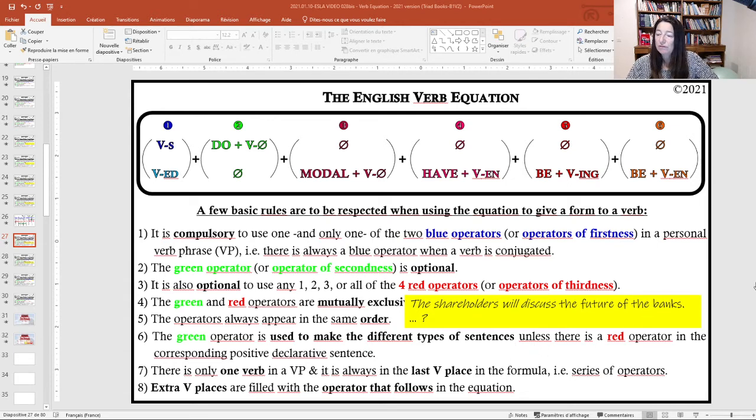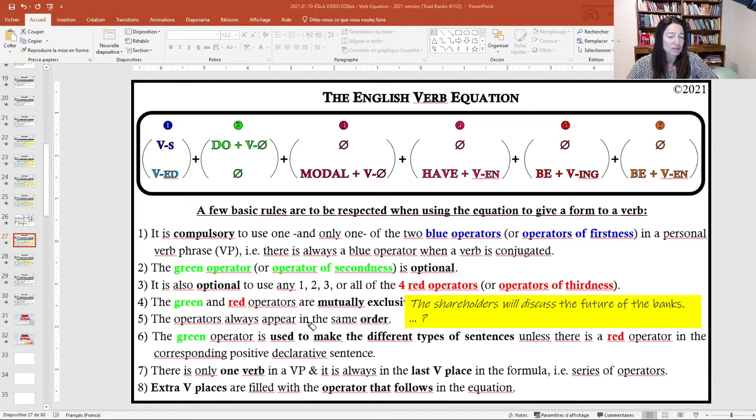Then when we want to create an interrogative sentence, how do we do that? Well, we only use the green operator to create the different types of sentences when there is not a red operator. In this case, there's a red operator. So let's use this red operator to create the interrogative sentence, the positive interrogative sentence.